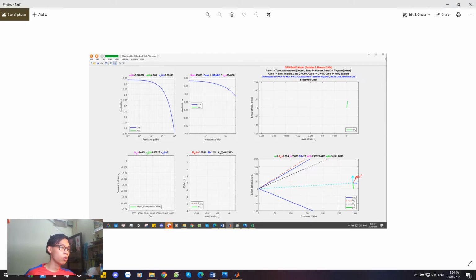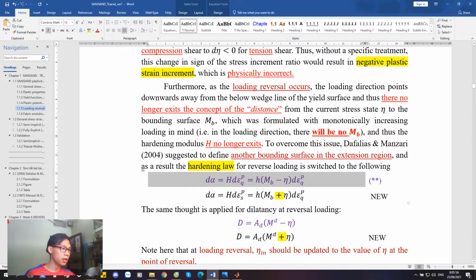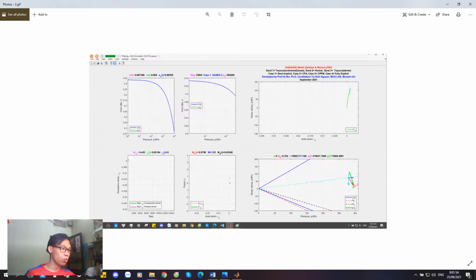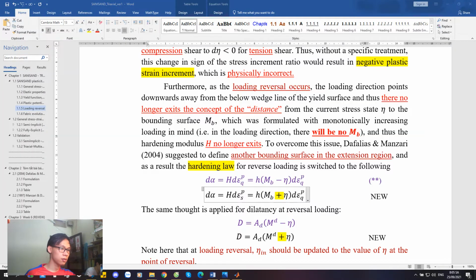At first we can use MP and eta like that, but when it changed you cannot use this formulation anymore. The eta loading is totally different and the MP is fixed. When MP is negative, our MP MD is fixed. It's always positive, so we have to change this.